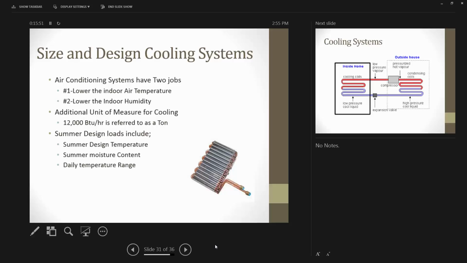So we talked about the sensible and latent heat specifically so we could talk about air conditioning. And AC has two main priorities. The first one that everybody knows is lowering the temperature and cooling the building off. But the second one that's almost as important is lowering the indoor humidity.